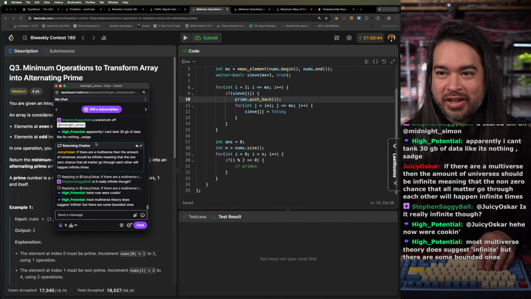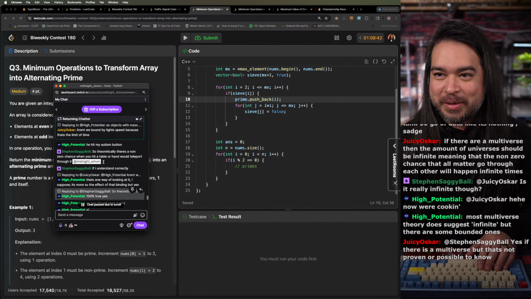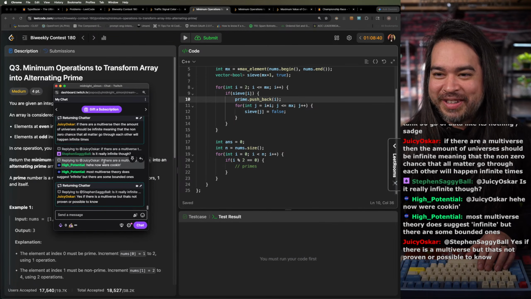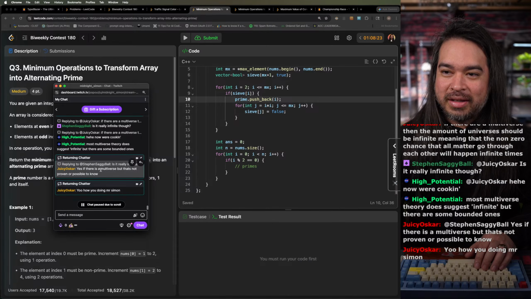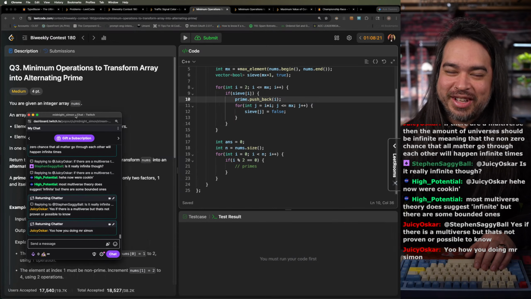Oh, Juicy Oscar wants some of that space talk too, man. What's happened, Juicy Oscar? He says, if there are a multiverse, then the amount of universes should be infinite, meaning that the non-zero chance that matter go through each other will happen finite times. Hey, what's happened? I'm doing all right.